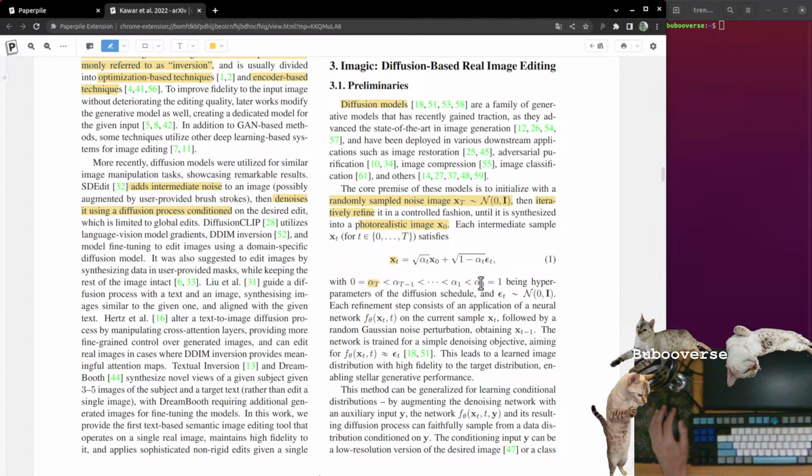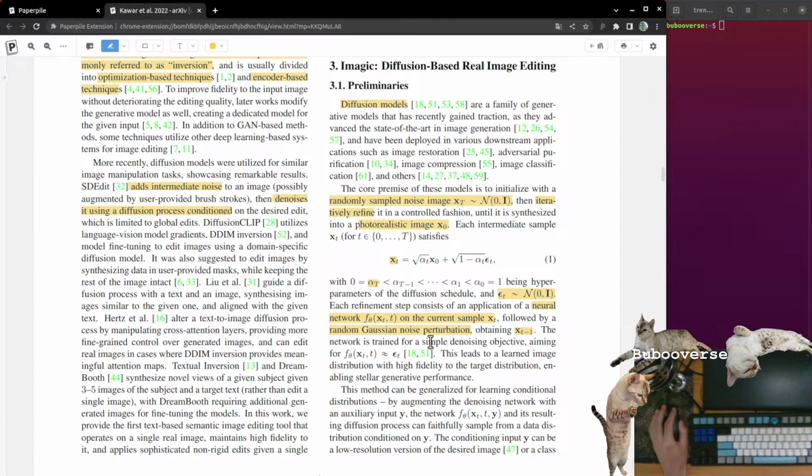So what is this epsilon term? This epsilon term is also noise. Each refinement step consists of an application of a neural network on the current sample x of t. This neural network, parameterized by parameters theta, takes x of t, the image at that frame, and the time t, followed by a random Gaussian noise perturbation, obtaining x t minus 1.